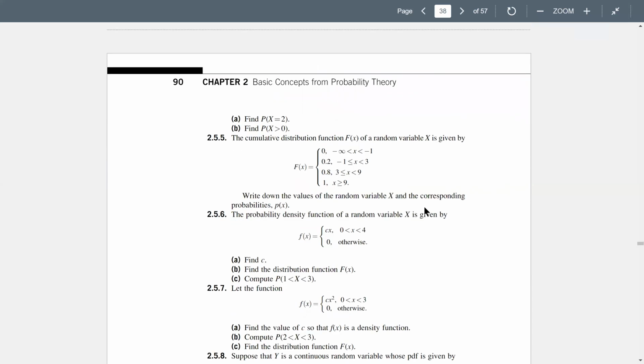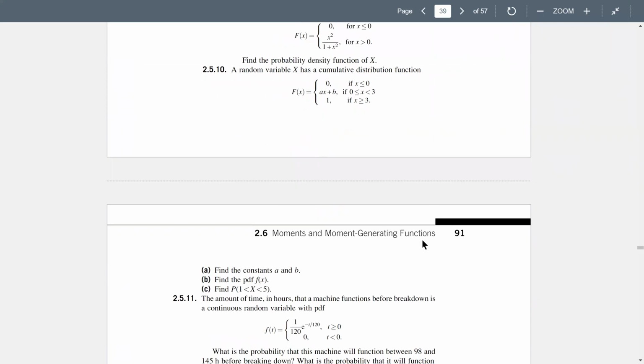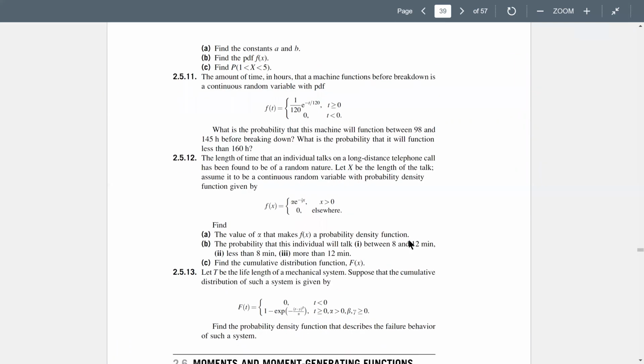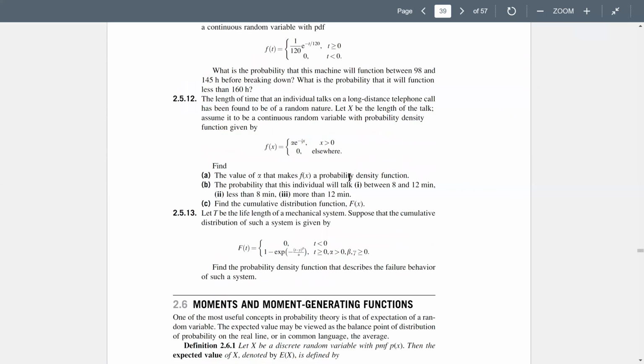Okay, so that's 2.5.9 and 12. Again, as mentioned in the example, the PDF function is given right here, but there is an unknown constant alpha.